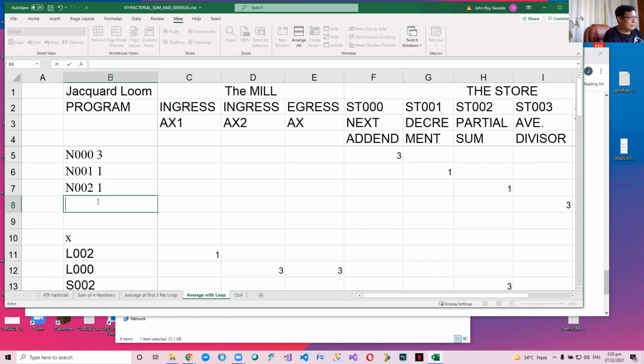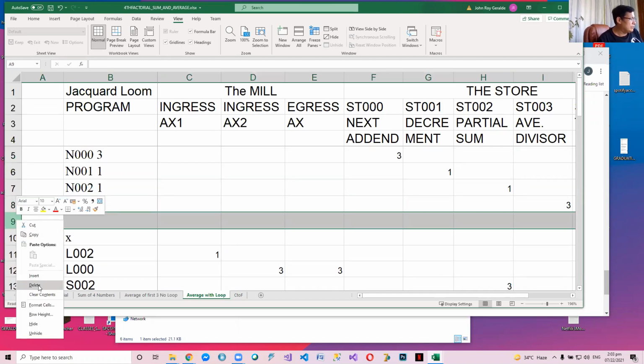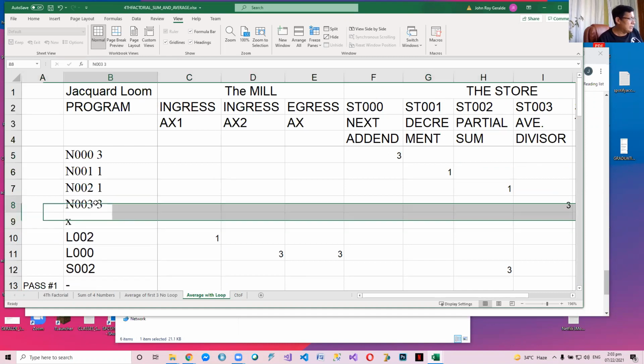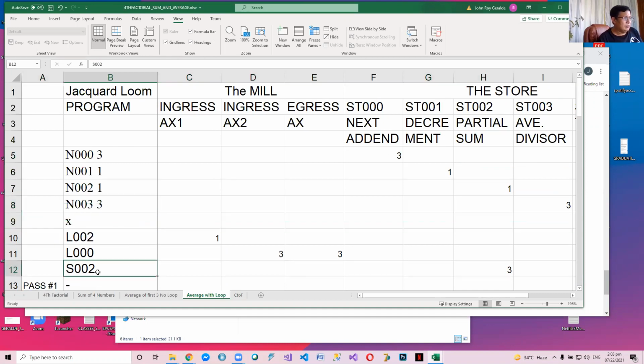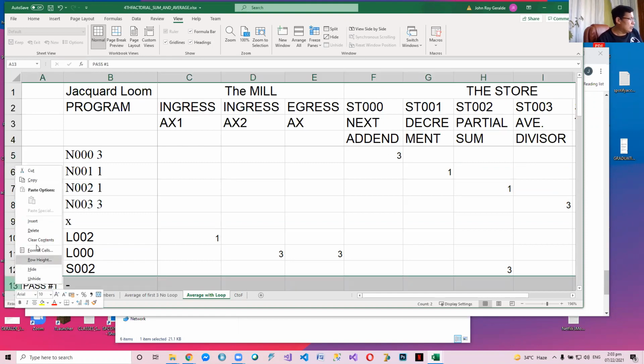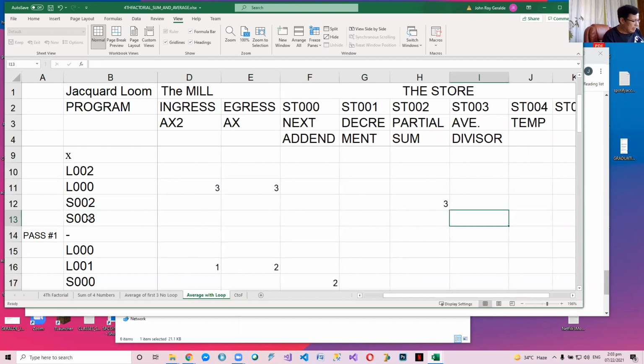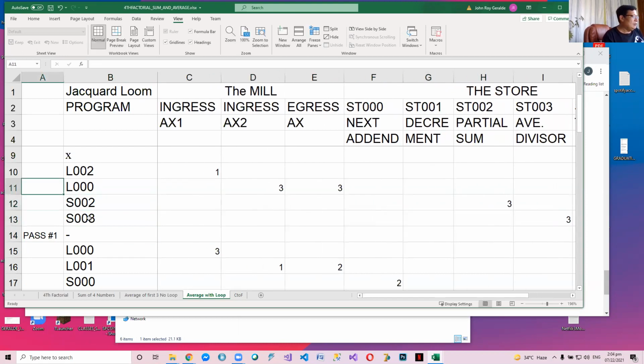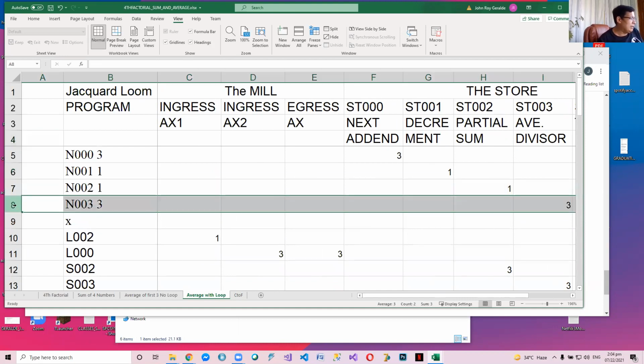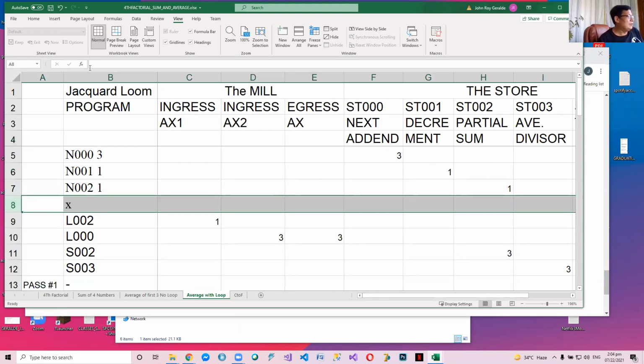We'll do a times L003. What I'd like to do is the 003, so we'll get rid of this. The first partial sum we'll also do an S003. So this becomes 3. Therefore we will not have an N003 here. Do you follow?